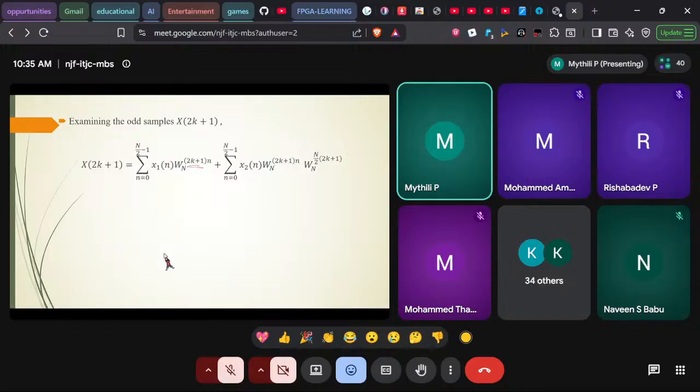Now you split it up: Wn of 2k into Wn of n. In the same way, this Wn of 2nk can be written as Wn by 2 of nk.